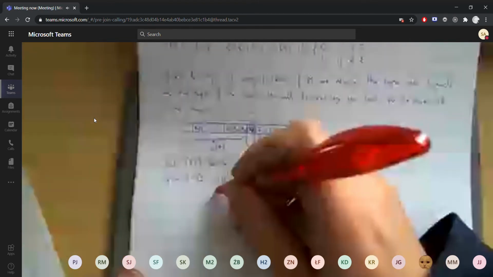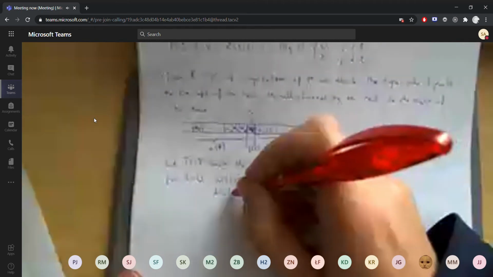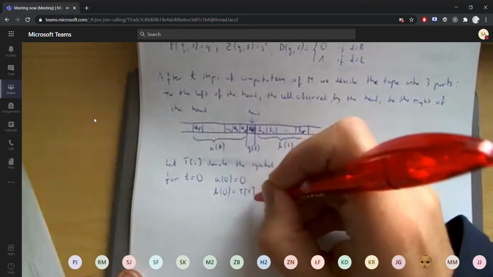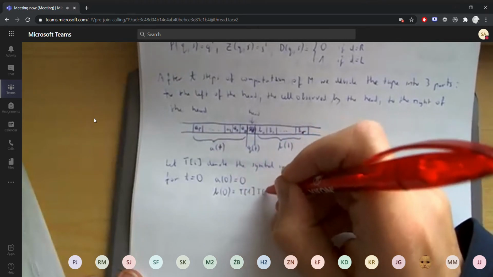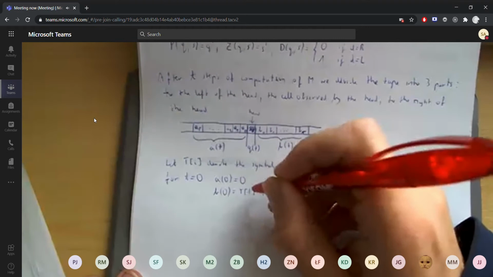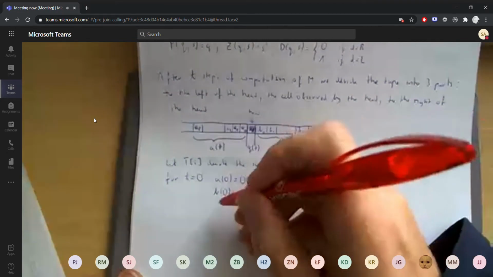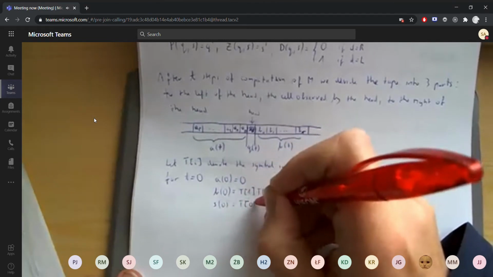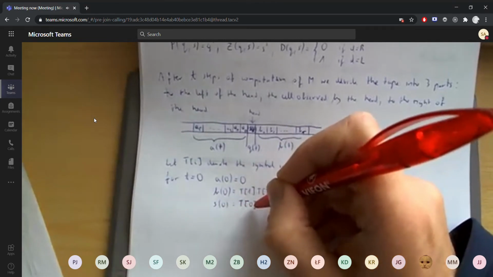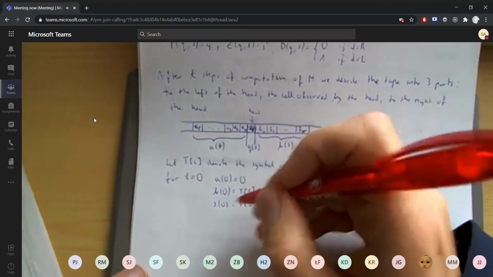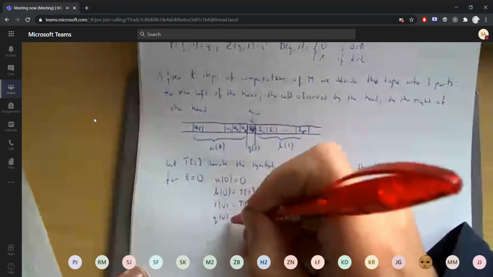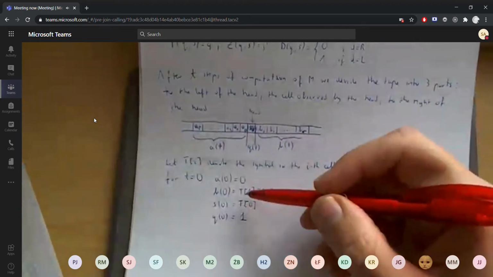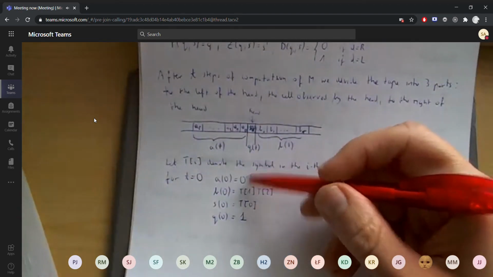B of 0 is t1, t2, and so on, the input string without the initial symbol. S of 0 equals T of 0, so the first symbol, the 0th symbol. And q is the initial state, so 1. Okay, so this is the situation before the computation, at moment t equals 0.